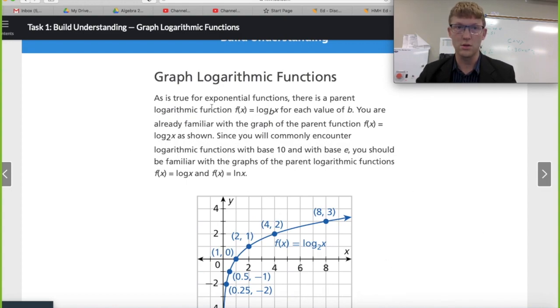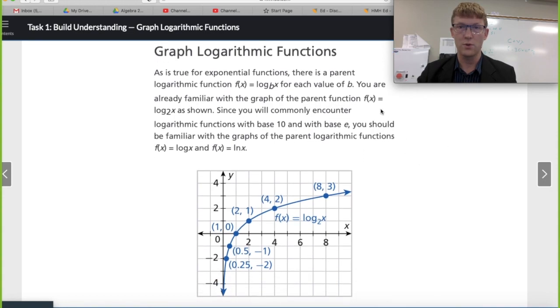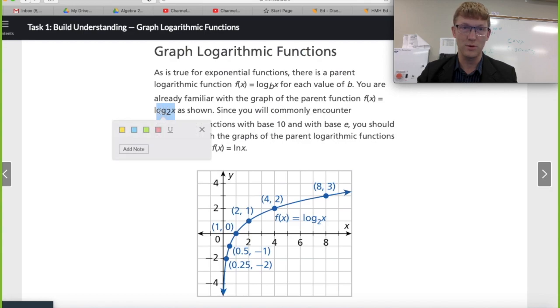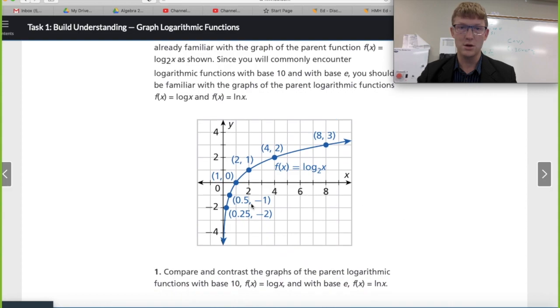For our log functions, the parent function is log base b, so that b is what's going to change. For example, we have already seen log base 2 in some previous examples. Here's our graph for log base 2, our parent graph.